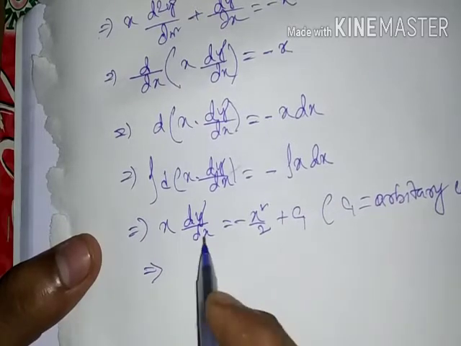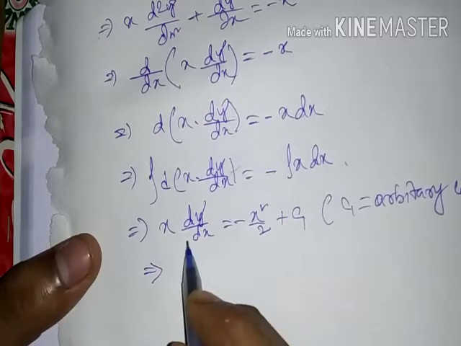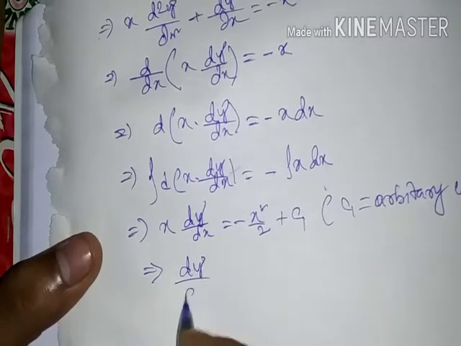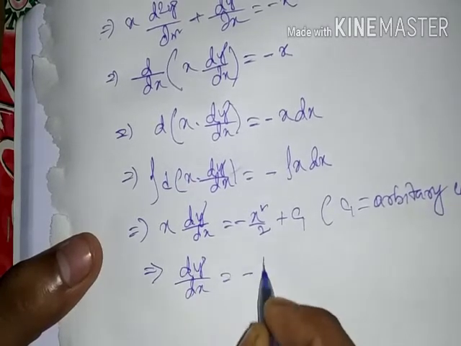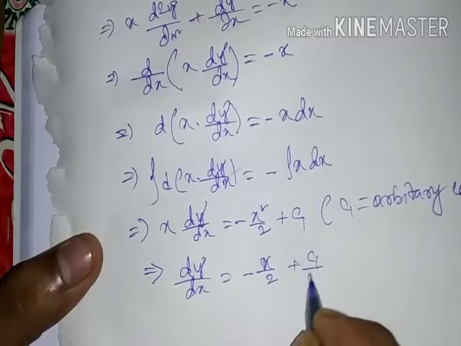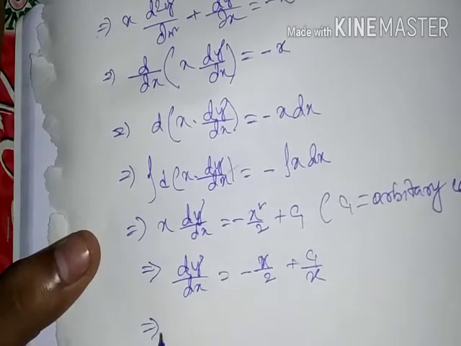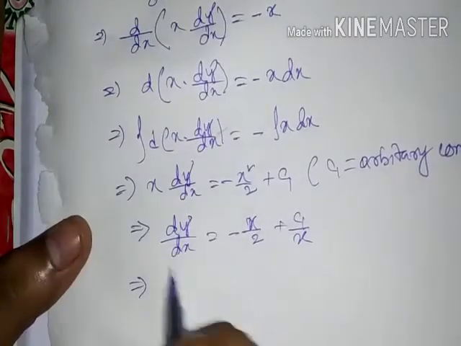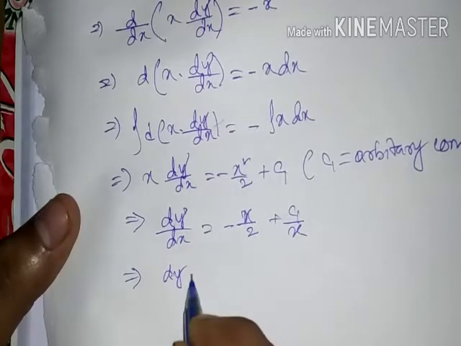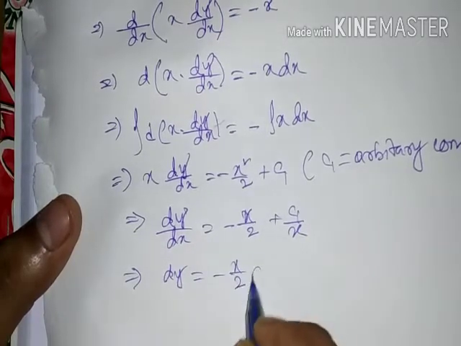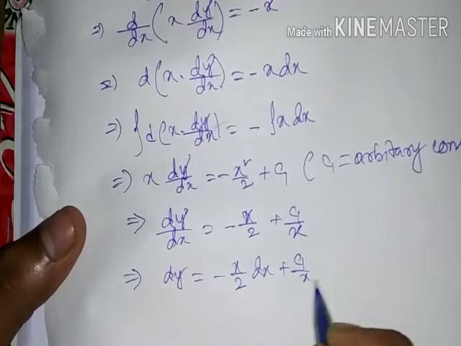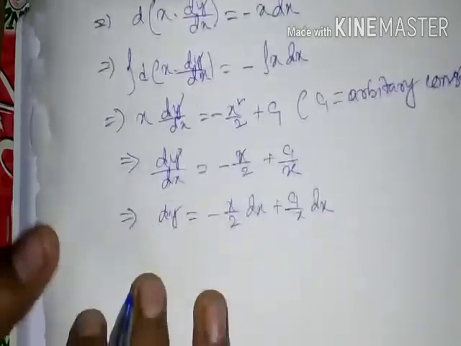Now we divide both sides by x. dy by dx equal to minus x by 2 plus c1 by x. Now we multiply both sides by dx. dy equal to minus x by 2 into dx plus c1 by x into dx.